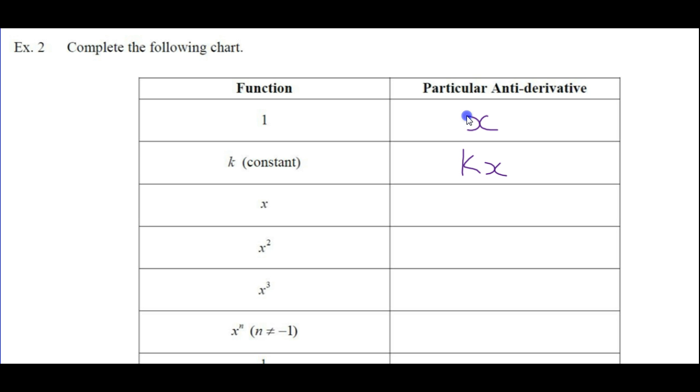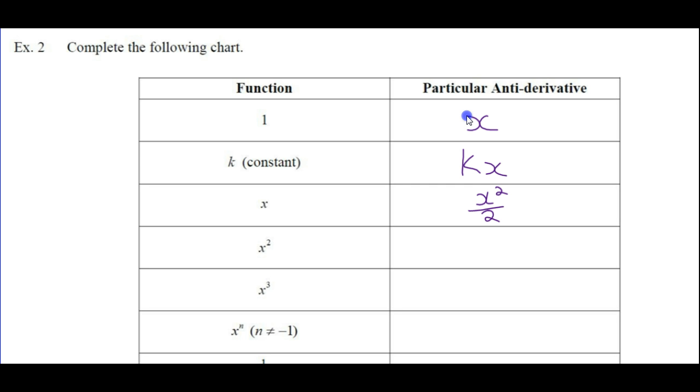So when I take the derivative of whatever I write here, this is what I want to end up with. I take the derivative of kx. Okay, take the derivative of what gives me x? X squared, but that gives me 2x, so then I have to put it over 2.